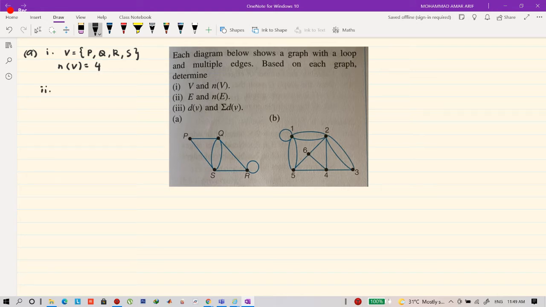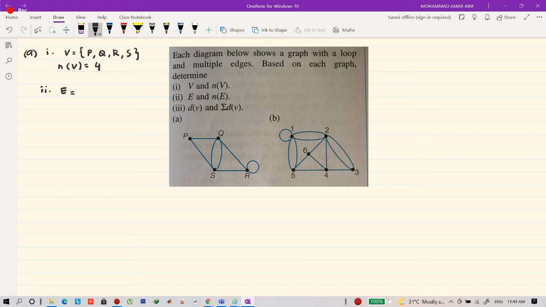So number 2 edges. Edges ni maksudnya berapa perjalanan jalan yang kita ada. So jalan yang kita ada dekat sini, kita kena tengok since it is straightforward punya graph and ada satu multiple edges and satu loop.